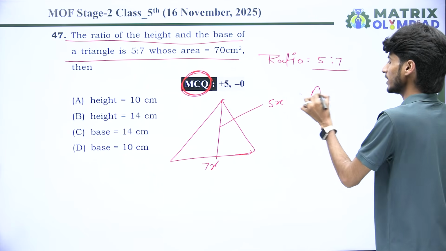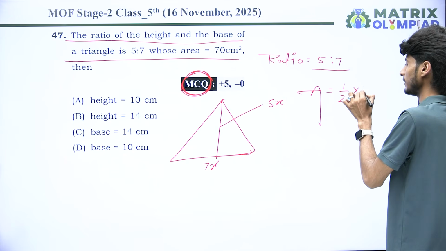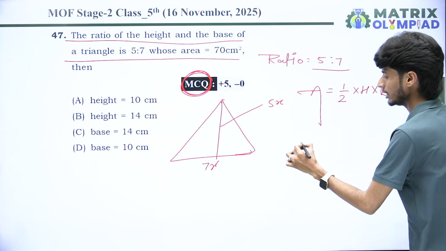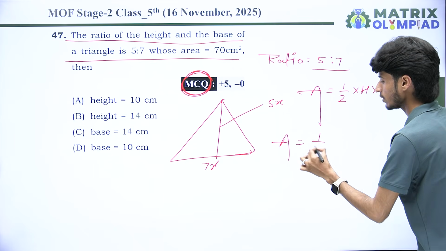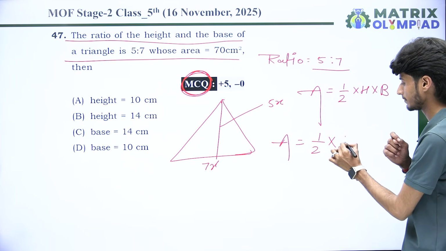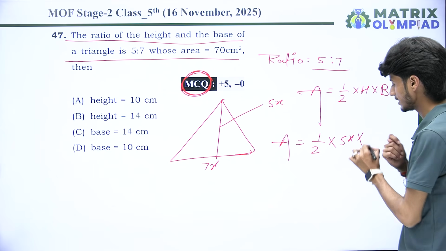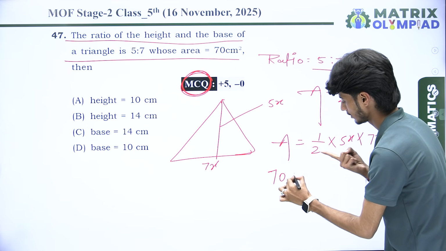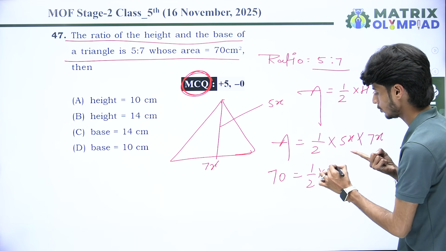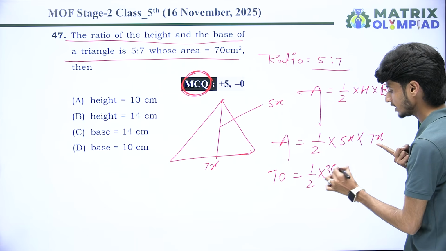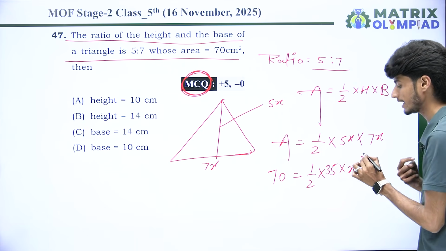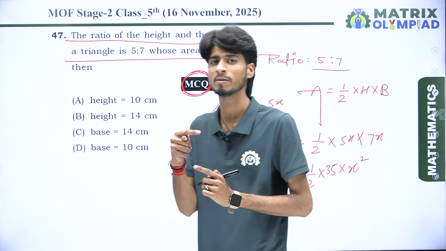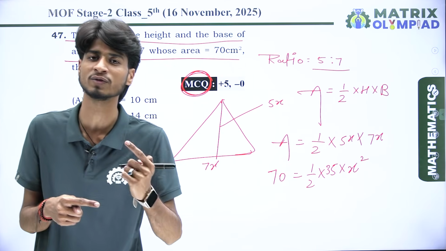Dear student, area is equal to half times height multiplied by base. So let's put the values. So area is equal to half, height is 5x and base is 7x. Here we have the area as 70. Now we have 1/2, 5 times 7 is 35, and x multiplied by x is x square, because whenever two same variables multiply with each other, we get the square of the variable.